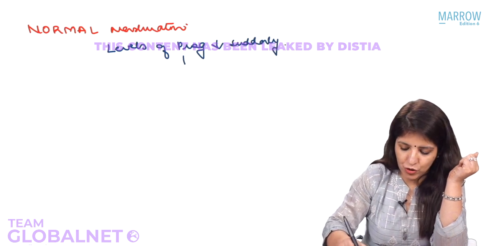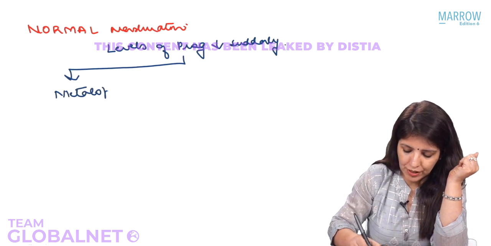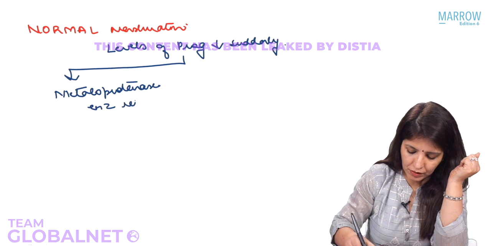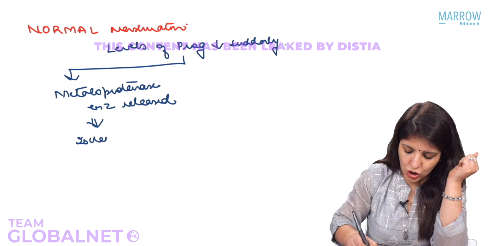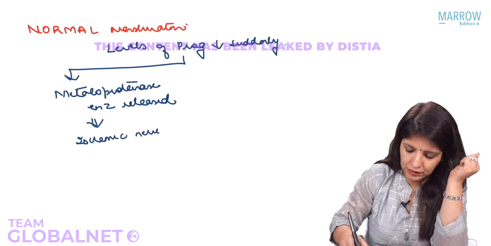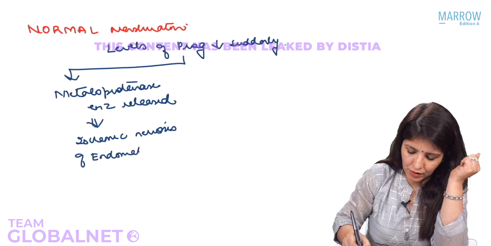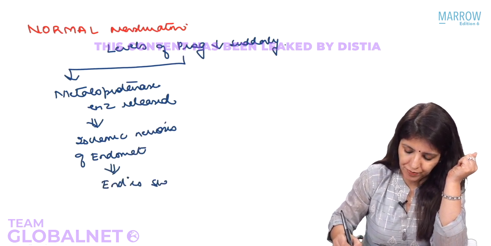Because the levels of progesterone decrease suddenly, metalloproteinase enzymes are released, which lead to ischemic necrosis of the endometrium, because of which the endometrium is shed.